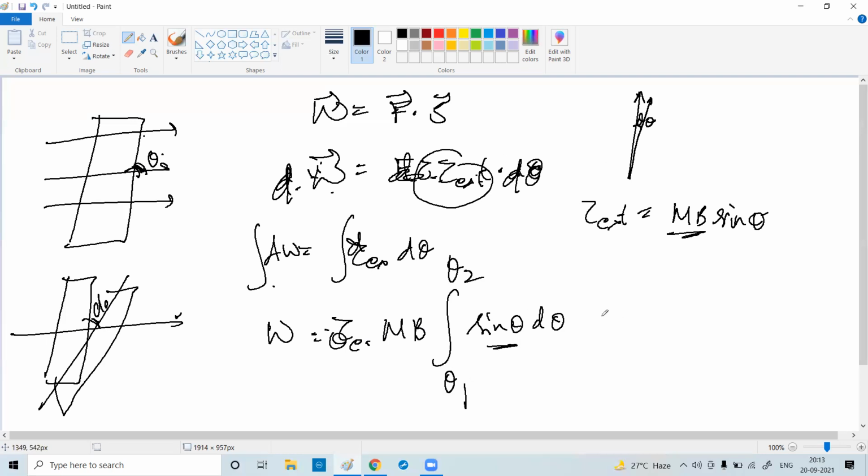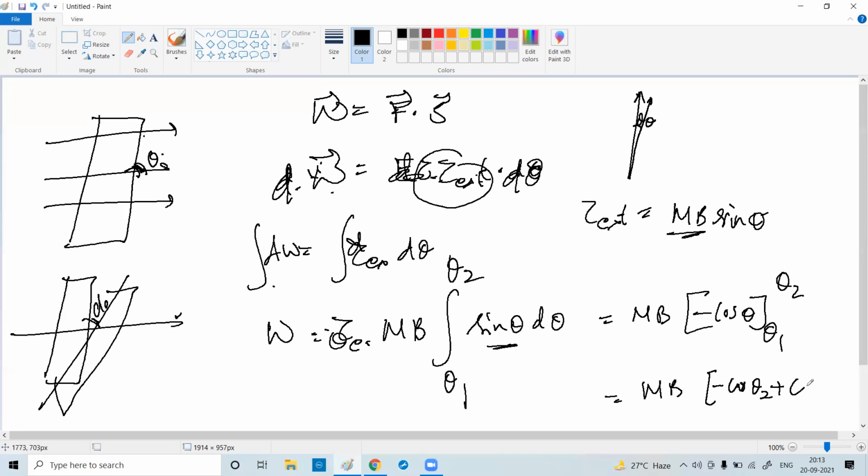So what is the integration of sin theta? That is minus cos theta, from theta 1 to theta 2. So MB times minus cos theta 2 plus cos theta 1. So the final answer is, work done is nothing but MB into cos theta 1 minus cos theta 2.